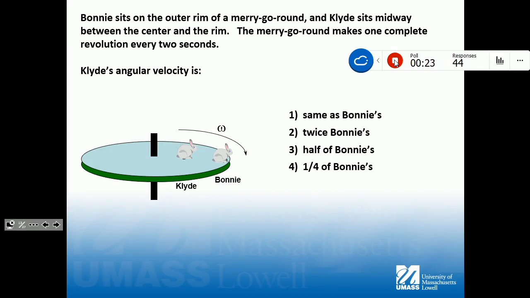If I'm asking about angular velocity, the quantity I'm talking about is omega. So do they have the same omega or different omegas? I'm going to wait a bit before I check and see where you are.